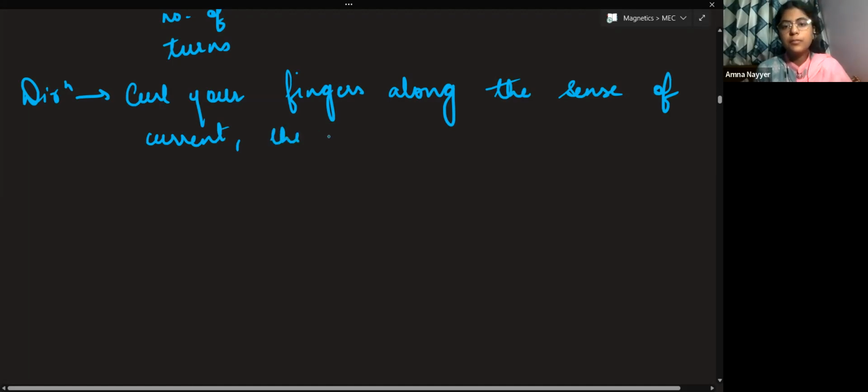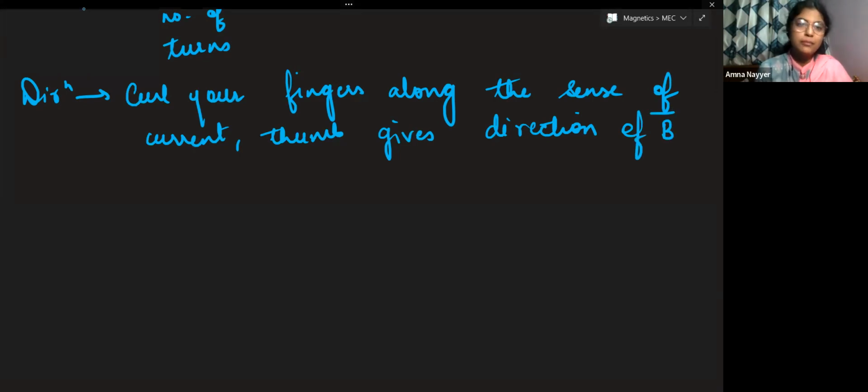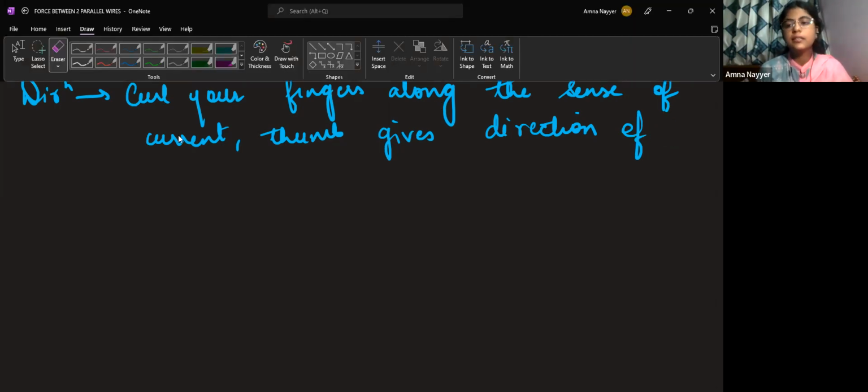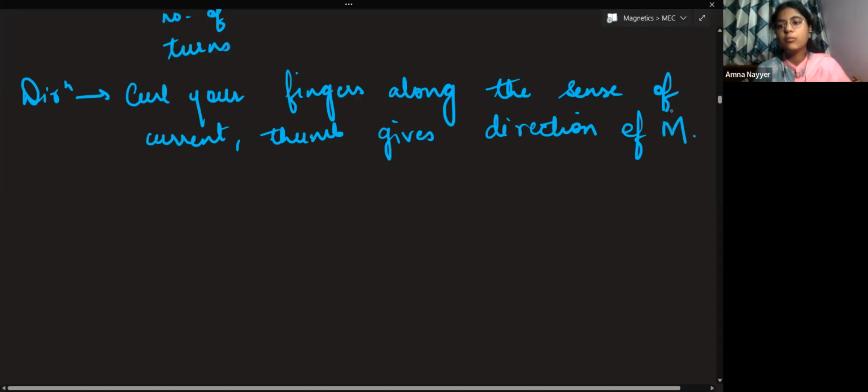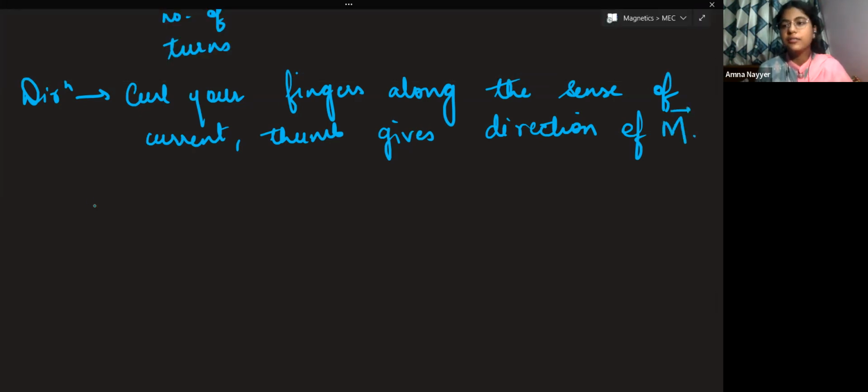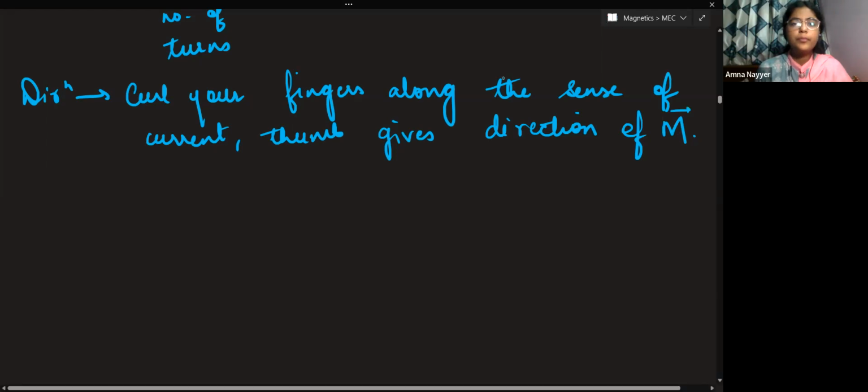Thumb gives the direction of, not magnetic field, magnetic moment. So the direction is the same as that of the magnetic field. The direction of magnetic moment is the same as that of the magnetic field. So before doing the questions, I think you write these points first, then I'll give you the question.